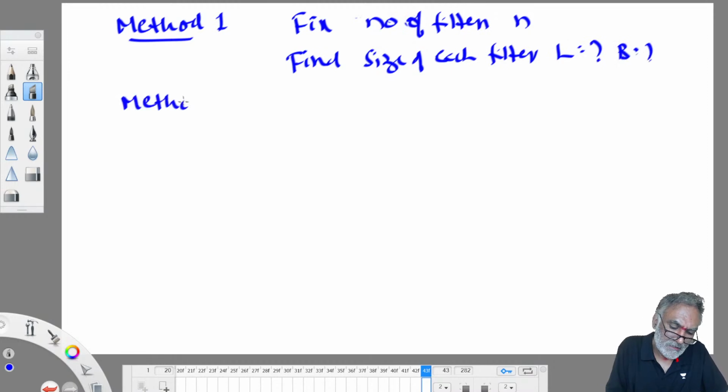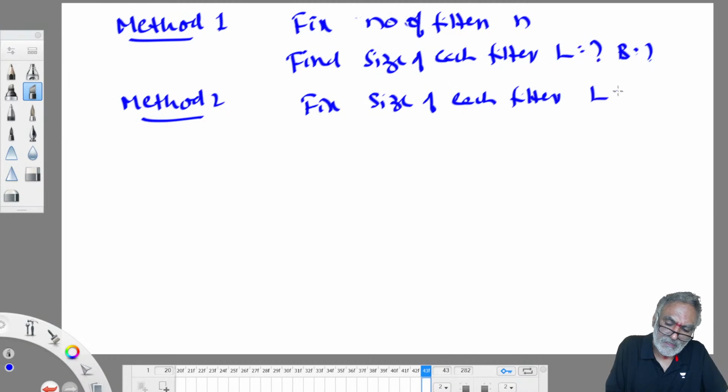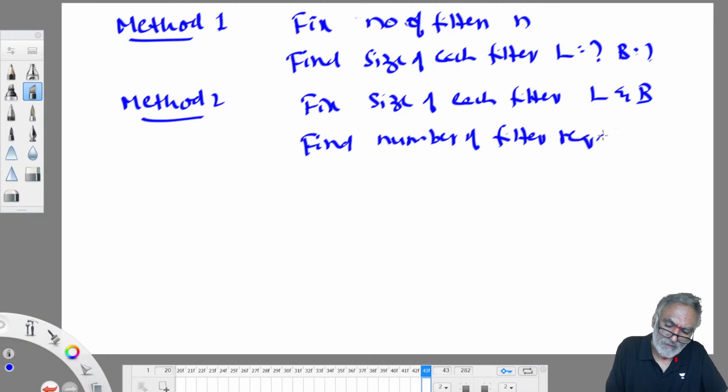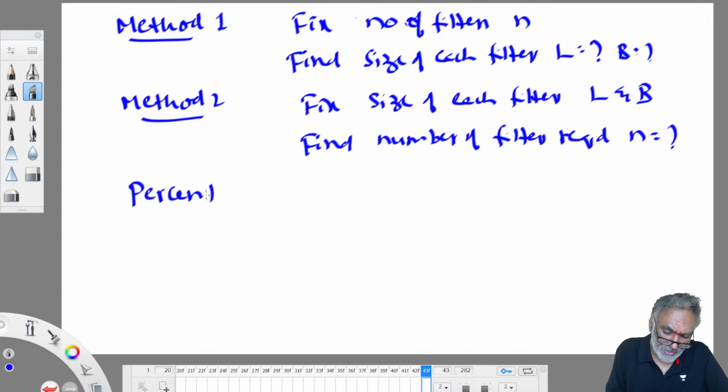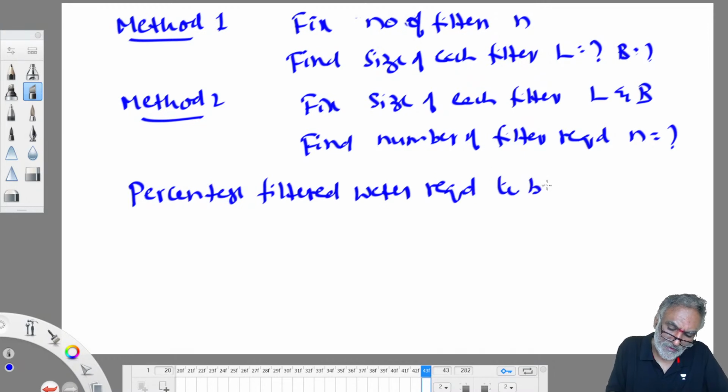Second method is: fix the size of each filter, L and B, and find the number of filters required. After this, in addition to this, you are expected to find out the percentage of filtered water required to backwash the filter. This is also expected.